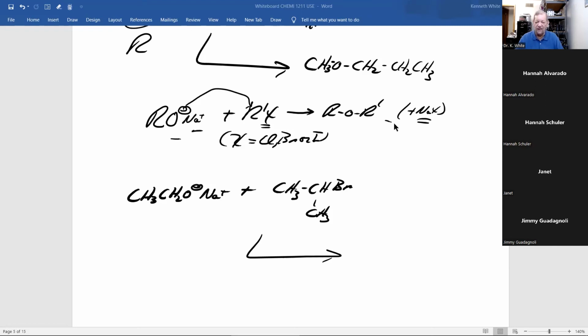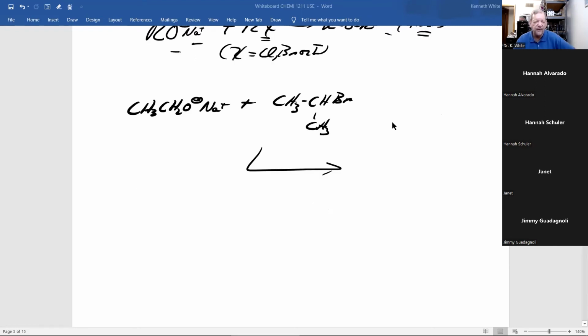How do you determine what's the product or products? You look here and say what's different, what's not carbon, what's not hydrogen. Oh, an oxygen minus and sodium cation. That's what this plus means on carbons, an alkoxide. Then here, carbon, oh, a halogen on a carbon.